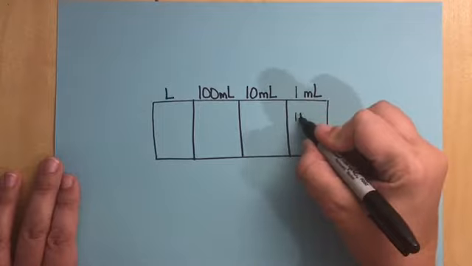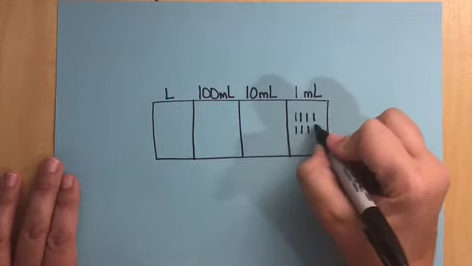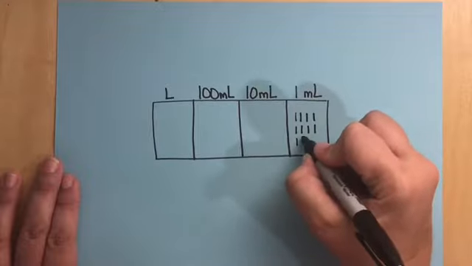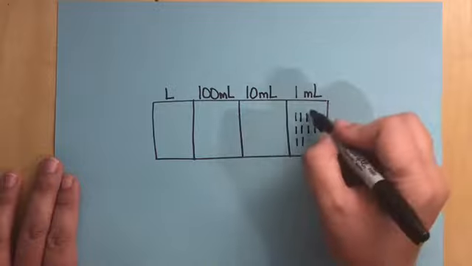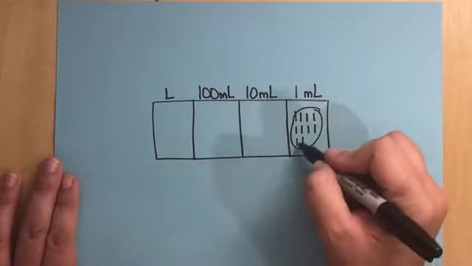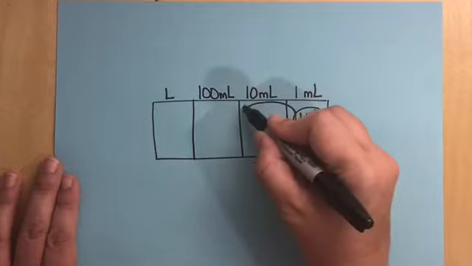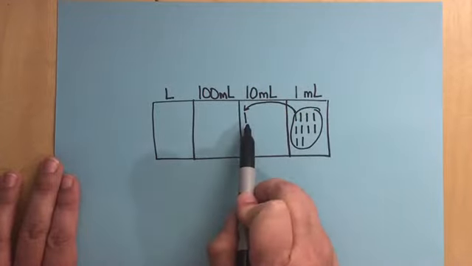So 1, 2, 3, 4, 5, 6, 7, 8, 9, 10. If I take all of these, I could make 1 ten milliliter. So now each of my tally marks in this one is going to be worth 10 milliliters.